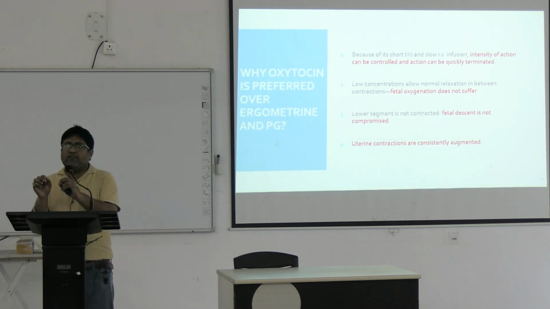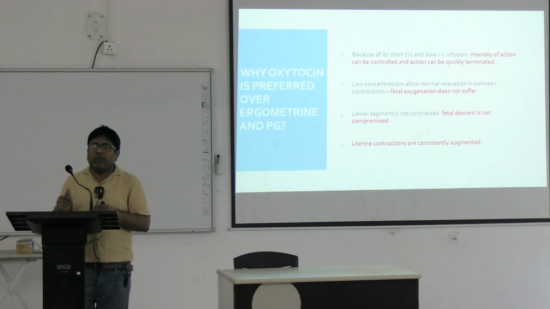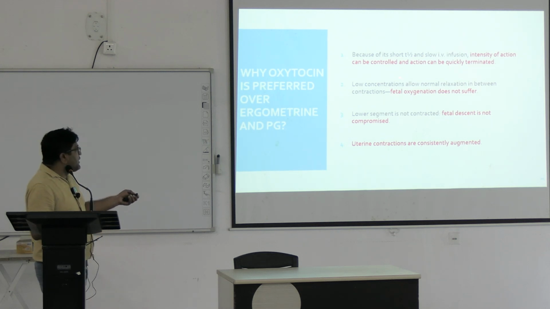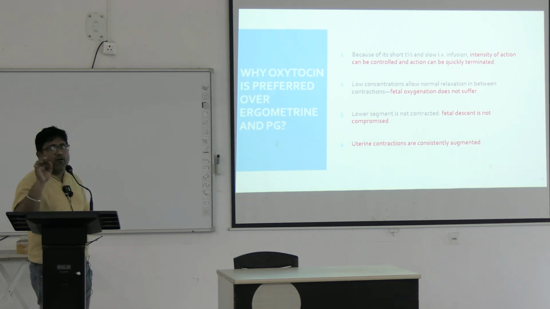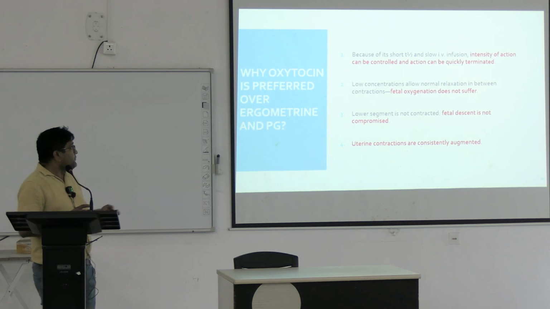When we increase the dose of intravenous infusion, the contractile response increases quickly, and if the dose is decreased, the response decreases quickly again. So, because of short half-life and slow IV infusion, the intensity of action can be controlled and can be terminated if required urgently.